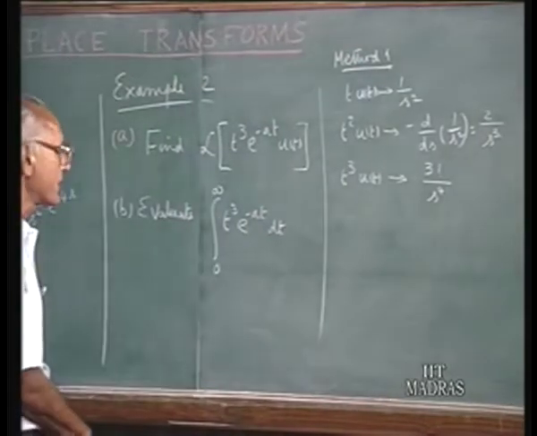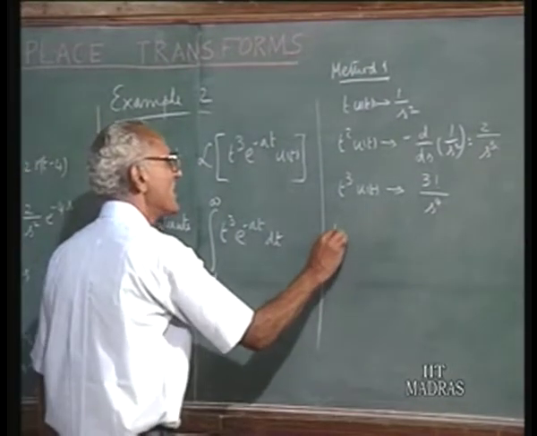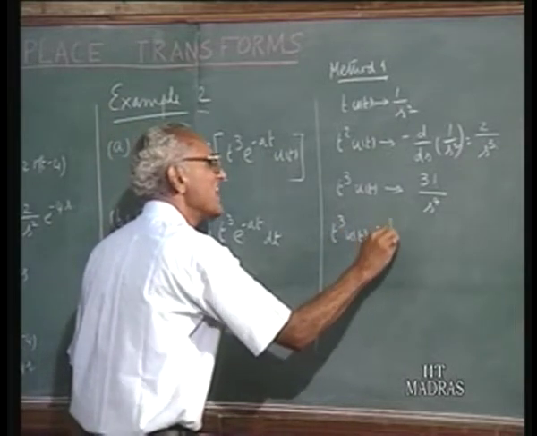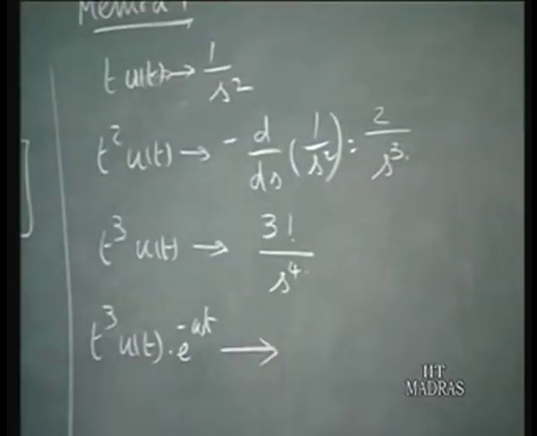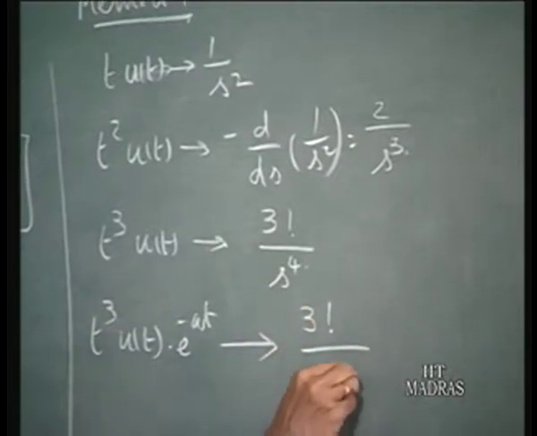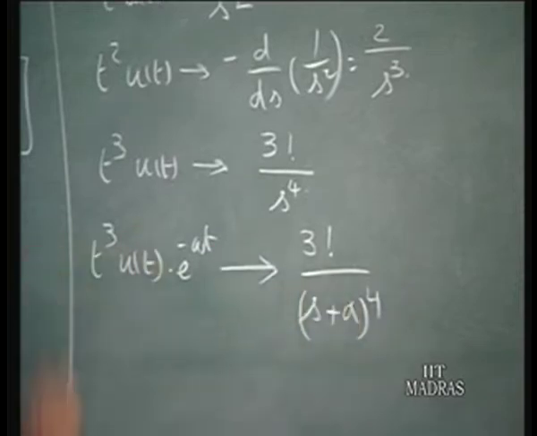This is something which we already discussed. Therefore, t cubed u(t) multiplied by e to the power of minus at, its Laplace transform is obtained by substituting s plus a for s. So, this will be 3 factorial or 6 over s plus a to the power of 4. That is what it is.